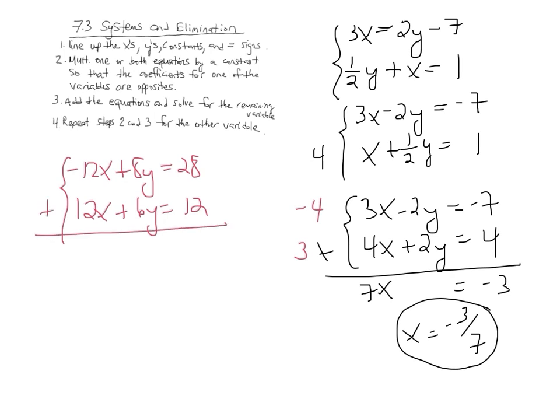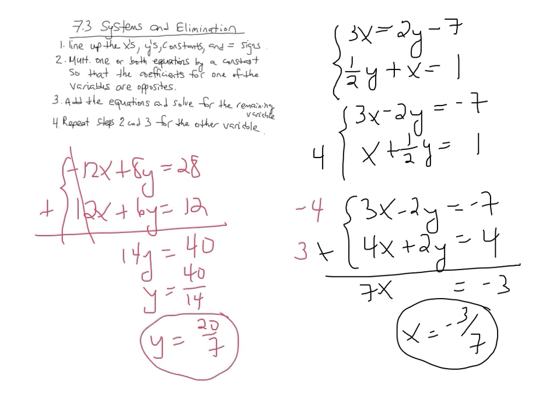I'm going to add the equations. The x's are gone. I get 14y equals 40. Divide by 14. I see that I can actually reduce this answer to 20 over 7. So my final answer is actually the ordered pair, negative 3 over 7, 20 over 7. And that's the method of elimination.